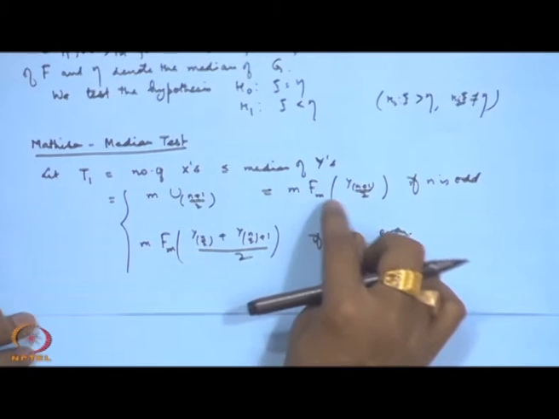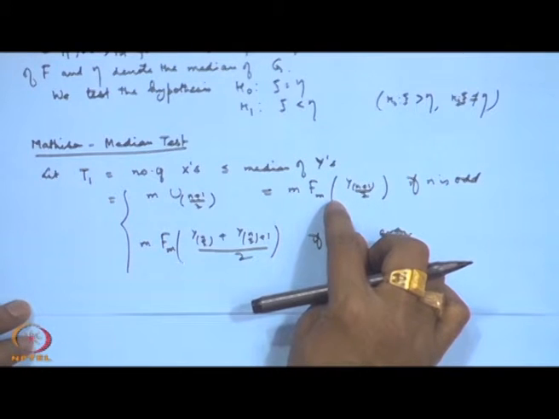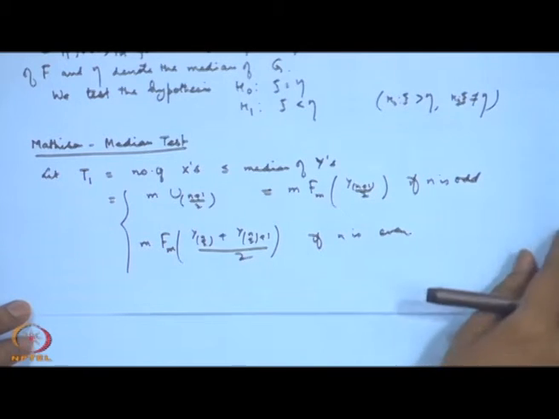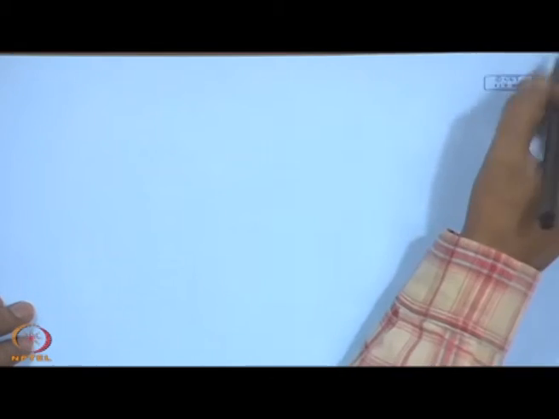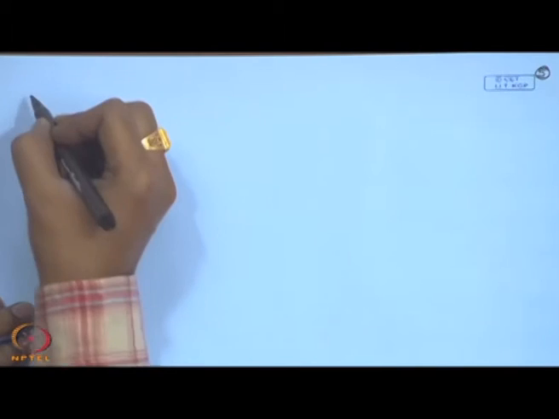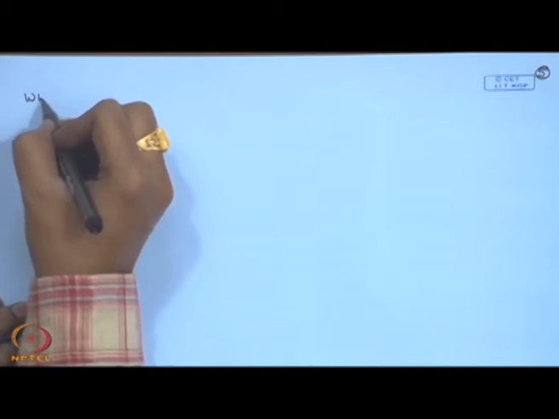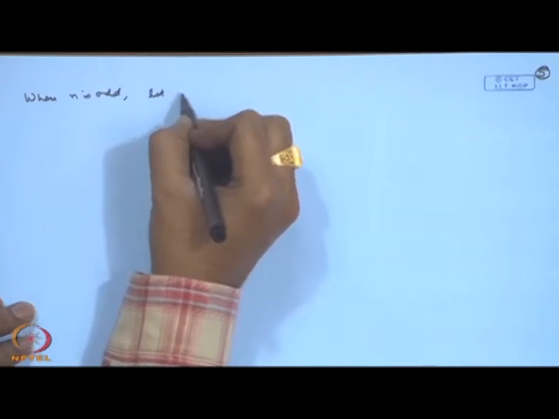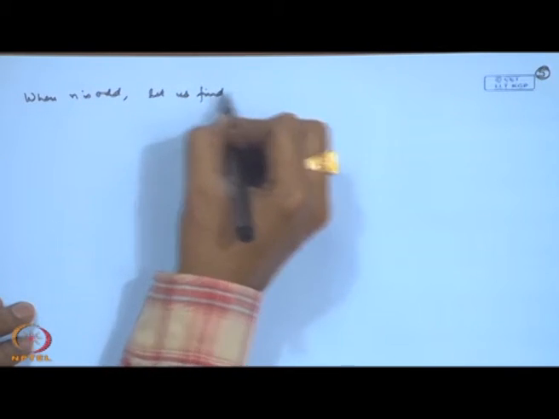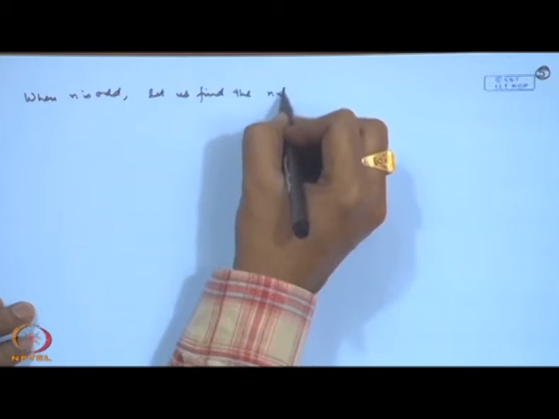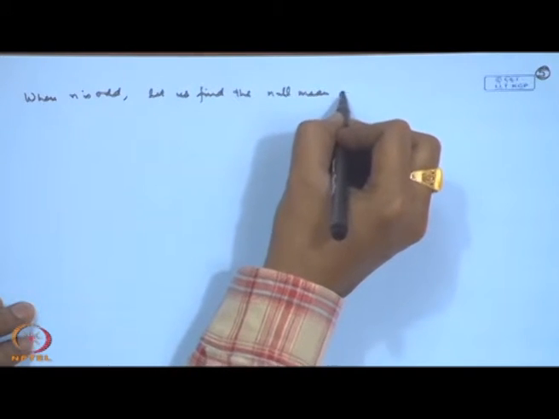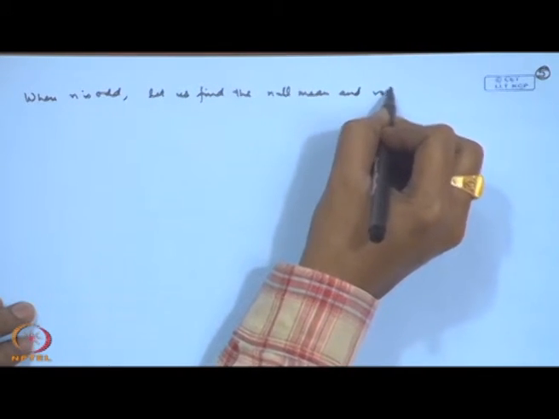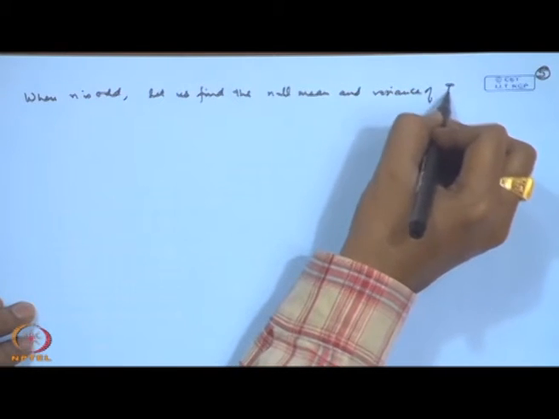Now, in the case of odd, actually the distribution of this has already been worked out. We already know its mean and variance under the null distribution. Let me write that here. When n is odd, let us find the null mean and variance of T1.